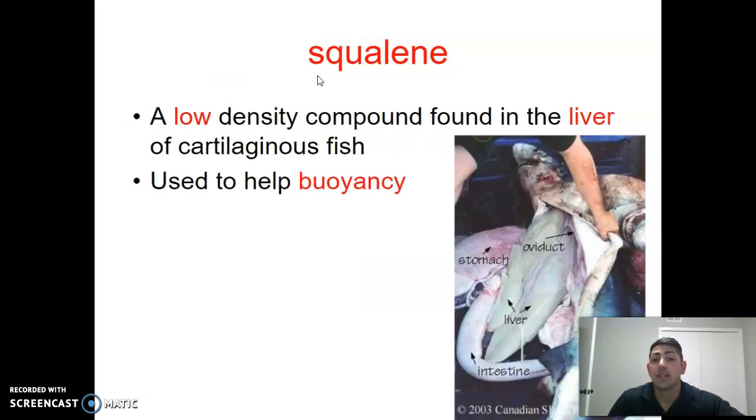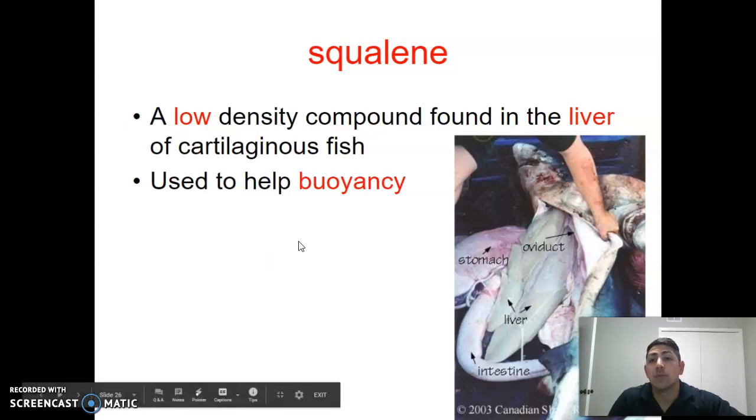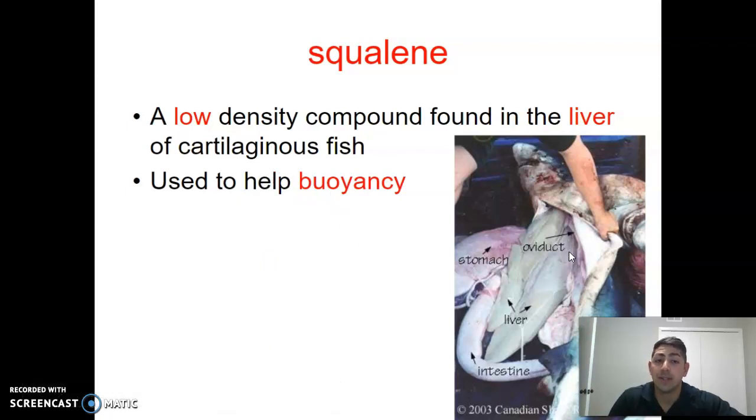Squalene. Squalene is a low-density compound found in the liver of cartilaginous fish, and it's used to help with buoyancy. Low density meaning that in water it's going to be able to move its way up, and what is really unique is that it's kind of their adaptation in comparison to bony fish. So bony fish have a swim bladder, which is an organ that fills with a gas, and it can move its way through the water column, either to deeper or shallower waters.